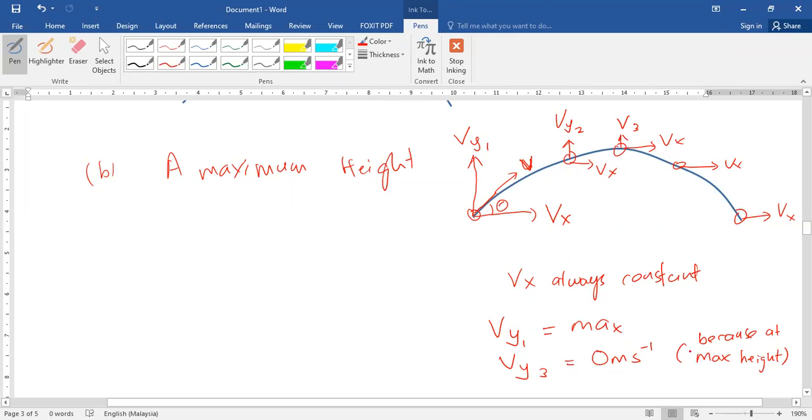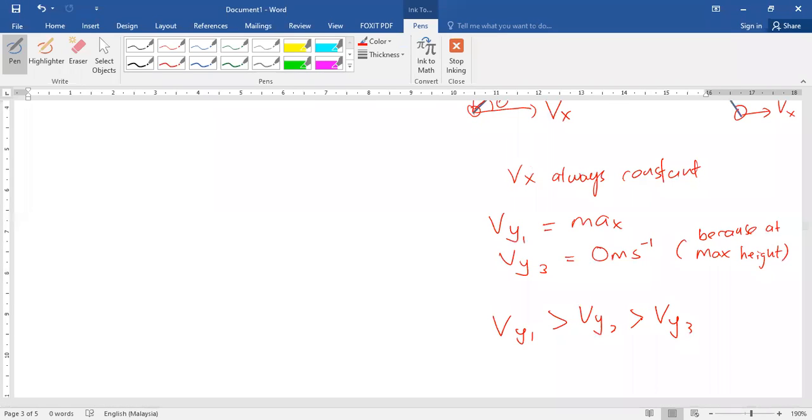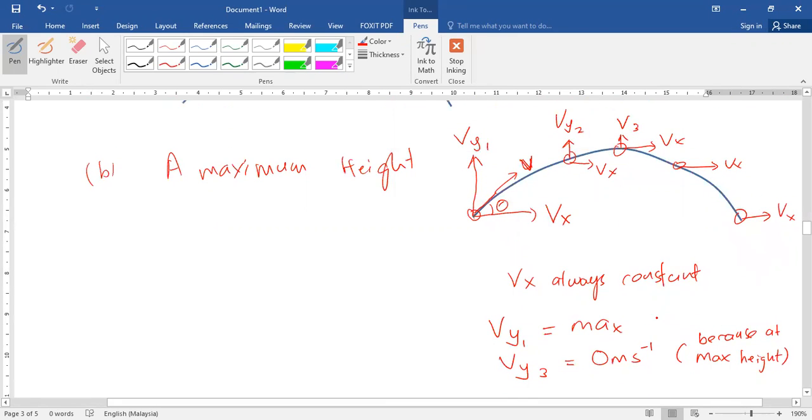Now, what will be the Vy2? Vy2, Vy3 and Vy1, this will be the relationship. At position 3, the maximum height, the vertical component is zero. After that, how about V4 and V5?